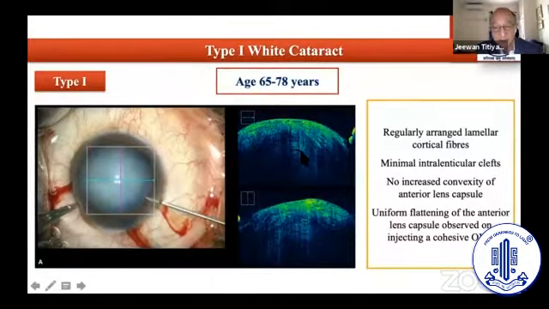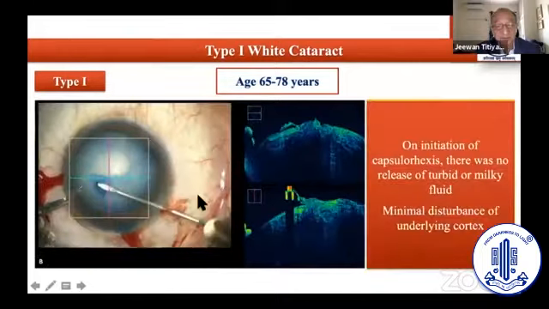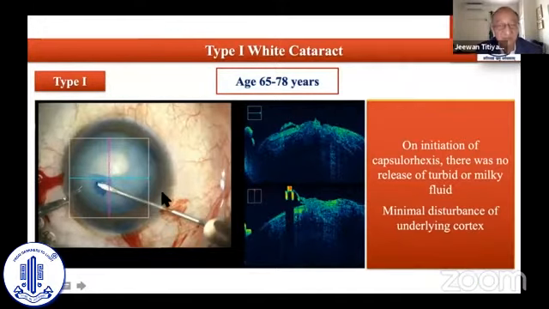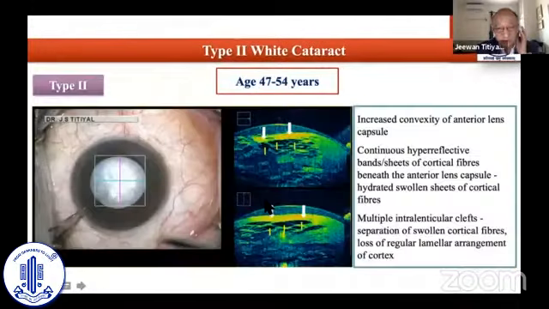You can see one here, but there are no clefts in the anterior part, and there is uniform flattening of the anterior capsule observed when you inject viscoelastic into the anterior chamber. In such cases, there's very little chance of raised interlenticular pressure causing a rhexis extension. Therefore, rhexis is simpler in these cases with a cohesive viscoelastic cover.